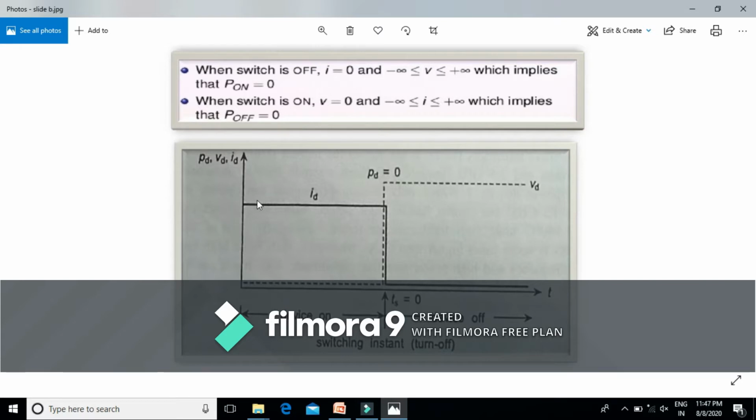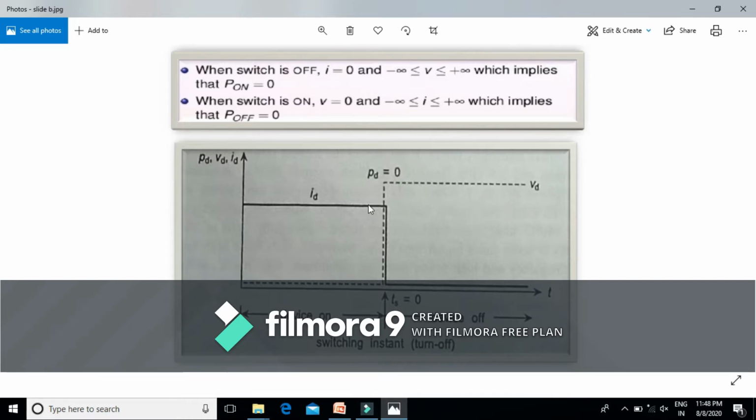That means this ID reduces from some finite value to 0 instantly without any delay, and the voltage, which is 0 during turn on, suddenly increases to some finite value Vd.